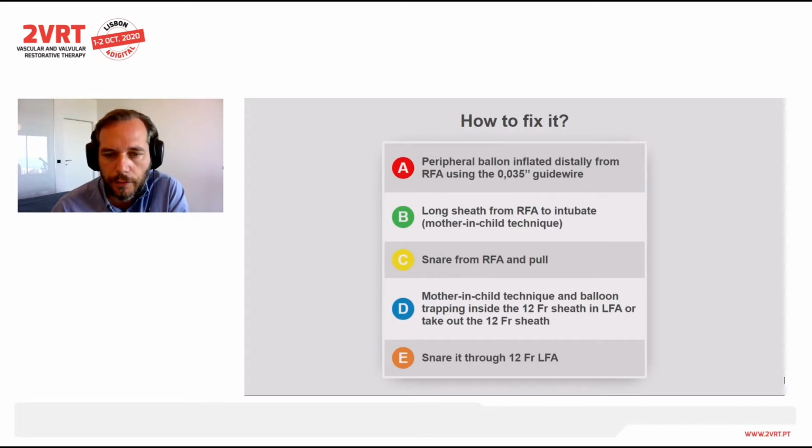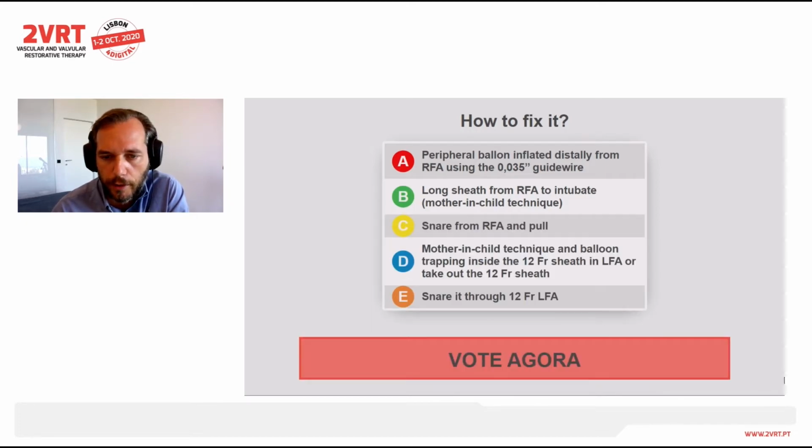So, with a peripheral balloon inflated distally from the right femoral using the guide wire that was there, a long sheath from the right femoral to intubate, like a mother and child technique. Do you snare it from the right femoral and pull the tip out? Do a mother and child technique with a balloon trapping inside the 12 French sheath from the left femoral artery, or simply take out the 12 French sheath or snare it to the 12 French through the left femoral artery?